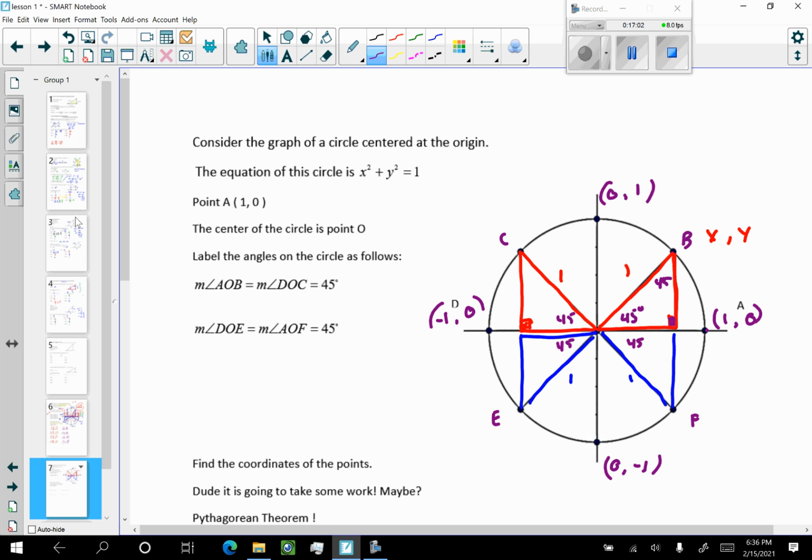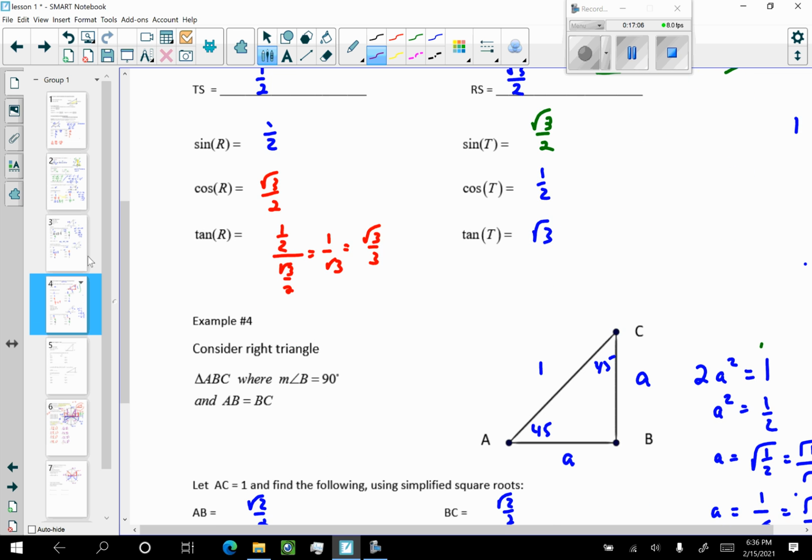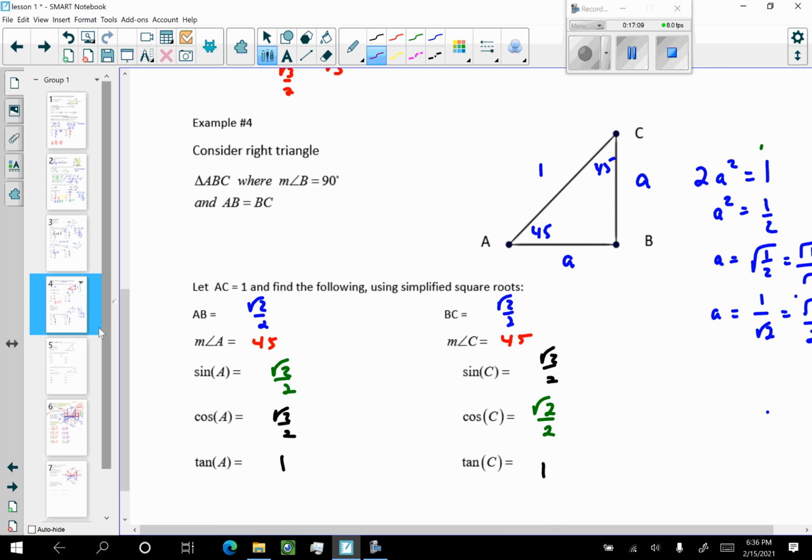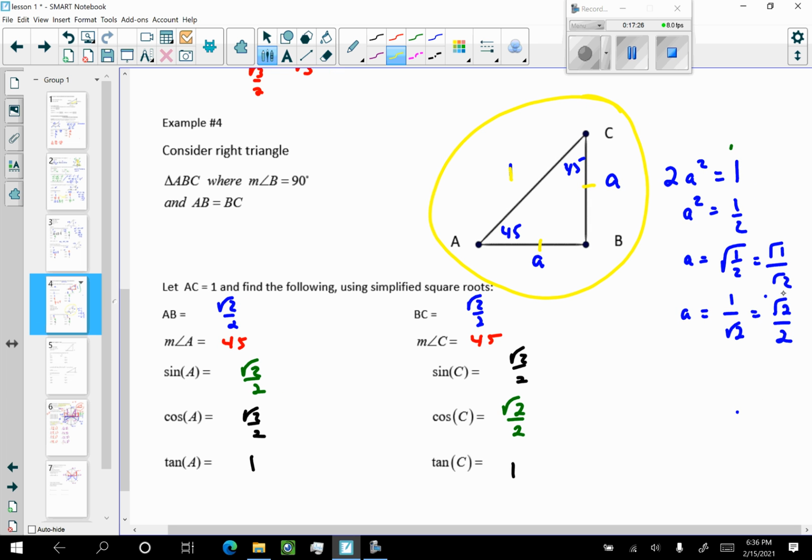I think I have. Bam! And right here it is, previously in your notes. If I have an isosceles right triangle with a hypotenuse of 1, I've already figured out that these lengths here are square root of 2 over 2, simplified radicals.